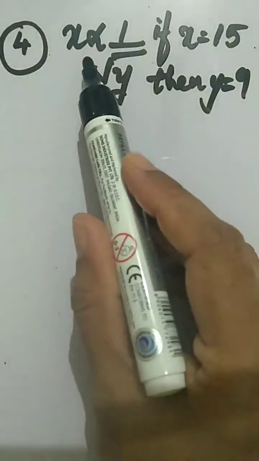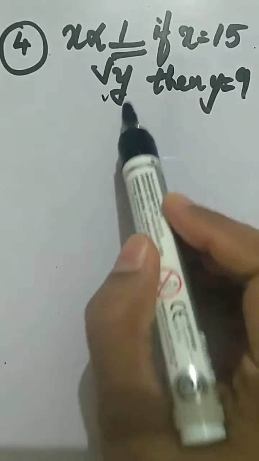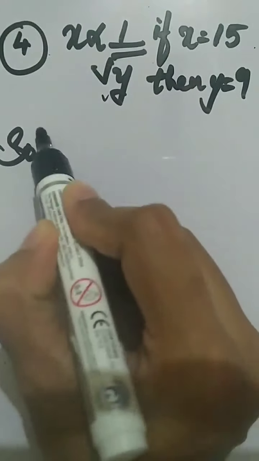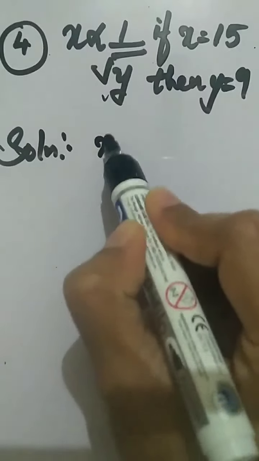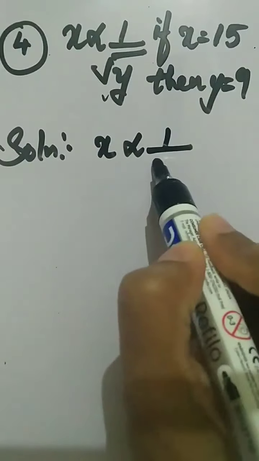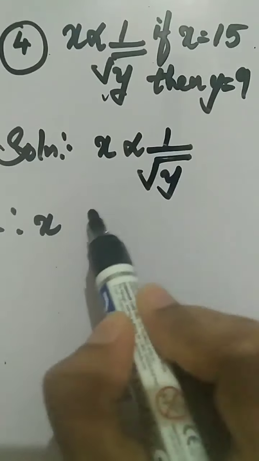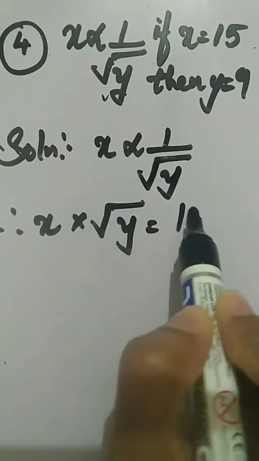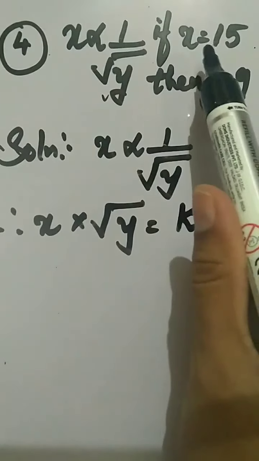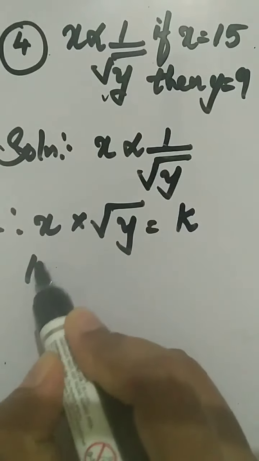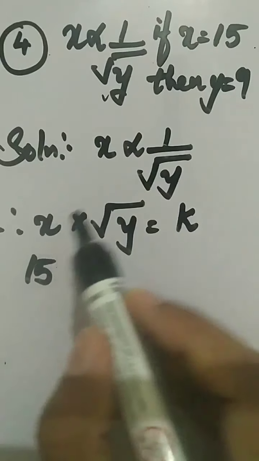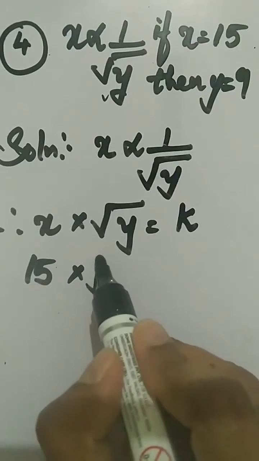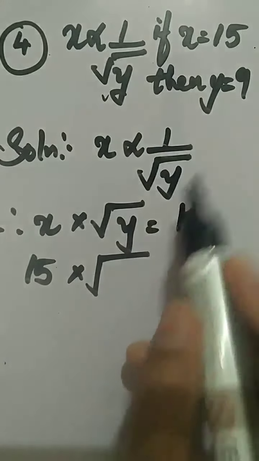Fourth sum, x varies inversely to root of y. Solution, same way, x varies inversely to root of y. Therefore, x multiplied by root of y is constant k. X value is given as 15 into root of y, where y is 9.